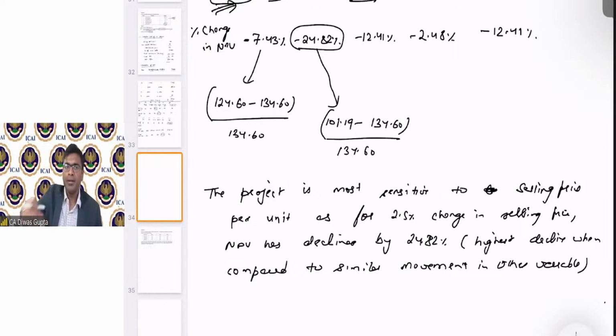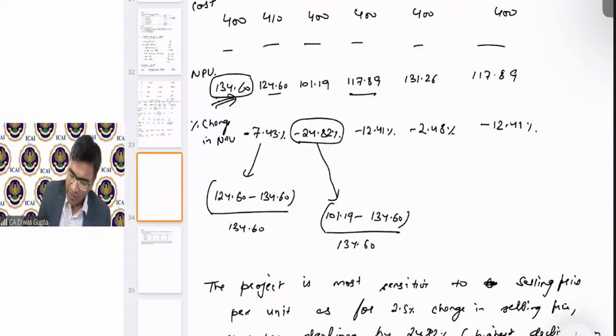Okay. I hope it is clear. Sensitivity, just to sum up, is basically to assess the impact of one variable on the NPV while keeping all the other variables the same. Let's say I'm just trying to build on the concept through this. If our selling price is the highest impacted, what I will do is try to minimize the risk of forecasting or the risk of estimation in my selling price.